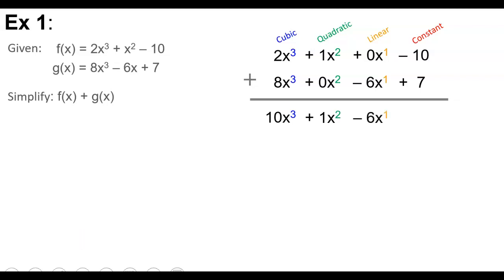And then on the last one, negative 10 plus 7 is what? 15. Wrong. Negative 3. All right. Now this is the answer. The only way you would write it a little bit different is that you don't have to put the 1 power. You don't have to put a 1 coefficient. It's kind of implied. So that's it.